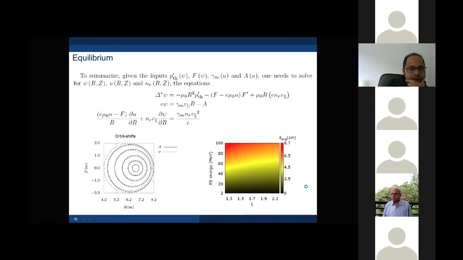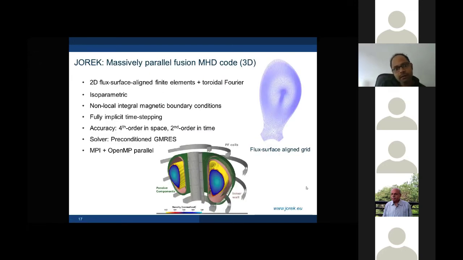Now, I would very quickly show one short example of what kind of instabilities are looked into and how they are studied. So in our group, we use what is called JOREK, which is a massively parallel fusion MHD code. It's 3D, but with 2D flux surface aligned finite elements and a Fourier in the toroidal direction.